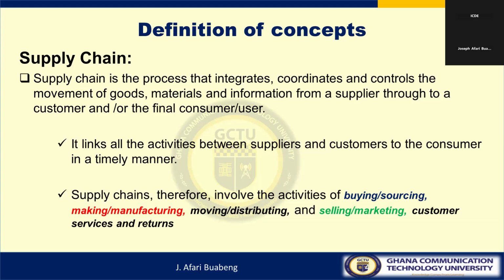it could be defined as the process that integrates, coordinates, and controls the movement of goods, materials, and information from a supplier through to a customer and or the final consumer or user.